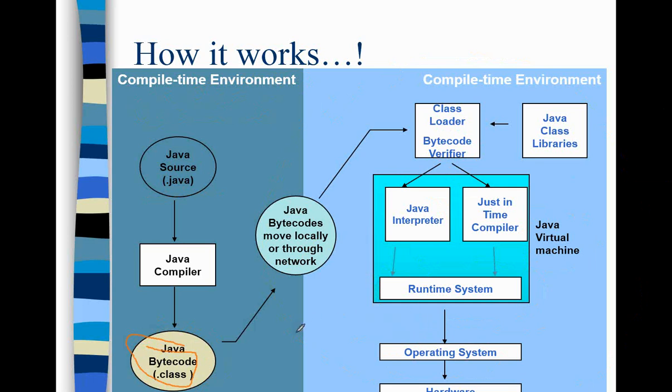This is what used to happen earlier in C or C++: you compiled your program on a 32-bit machine, and if you took it onto a 64-bit machine, there were issues. That is why you had to compile your C program again for the machine you wanted to run it on. But in Java, that is not required, due to this runtime system.